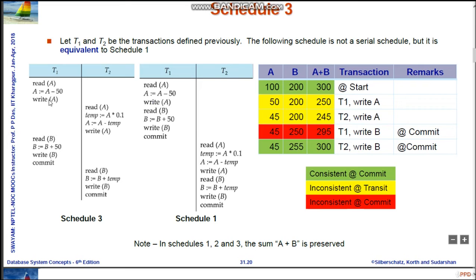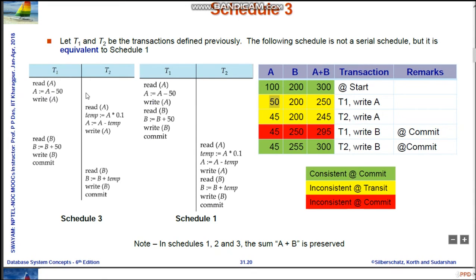Now we are not going here, we are going here, because at that time T2 again reads a, but it is not reading the database value, it is reading the buffer value, meaning the memory value. The database value is 100, but the buffer value is 50 due to this transaction.